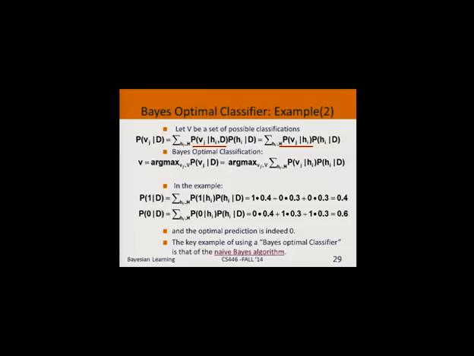And then I'm doing the same thing for the option of predicting 0. And what I'm getting is that the probability of predicting 0 given the data in this case is larger than the probability of predicting 1.